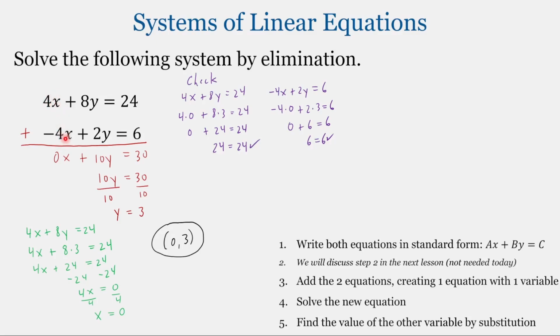Those are additive inverses, so it's going to result in 0. This was why we were able to skip step 2. But it's not a normal scenario. Typically, we have to modify one or both of the equations in order to eliminate a variable by addition, and we'll discuss how to do that in the next lesson.